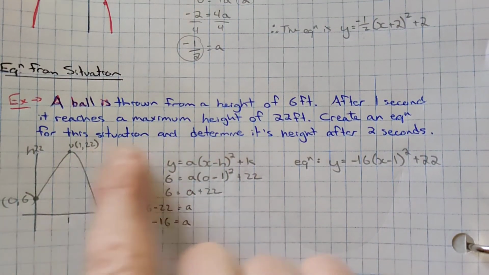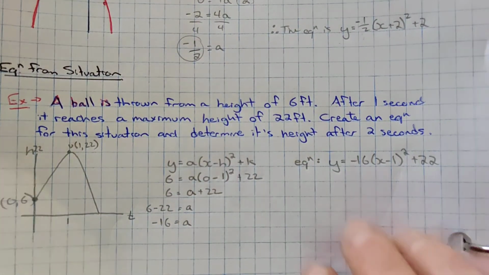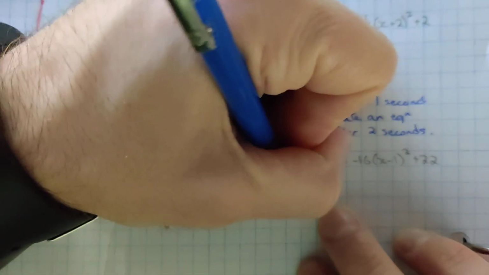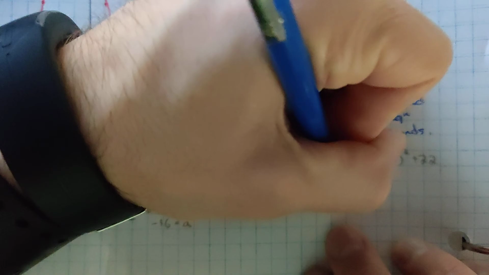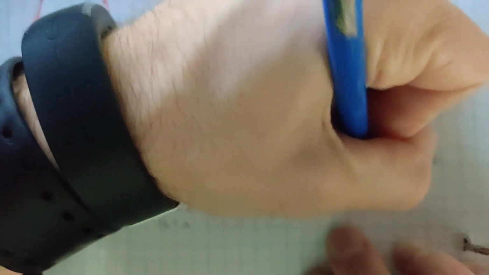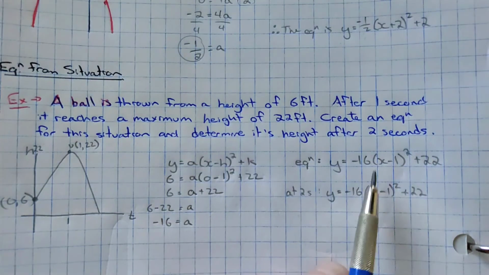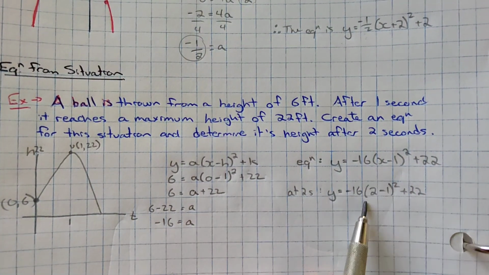And now the second part asked us to determine the height after 2 seconds. So at 2 seconds, we have y equals -16(2 minus 1) squared plus 22. The time that it happens at is 2 seconds.